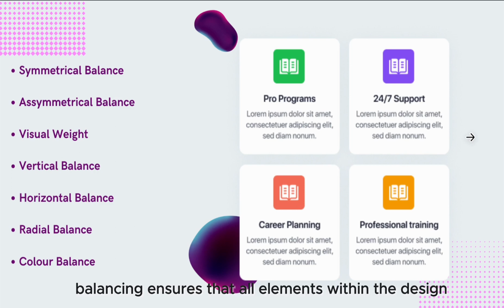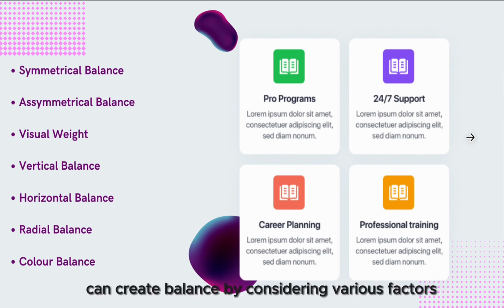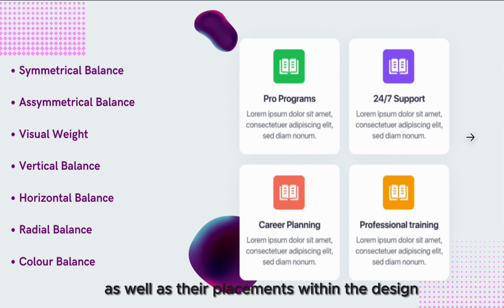Balancing ensures that all elements within the design have the appropriate visual weight and contribute to the overall harmony of the composition. So designers can create balance by considering various factors such as the size, the color, the shape, the texture of elements, as well as their placement within the design.